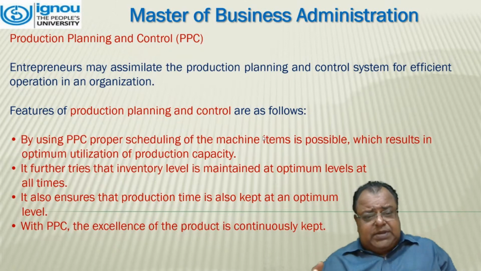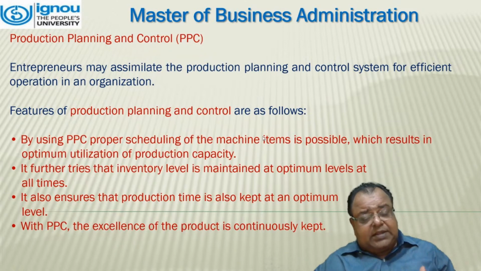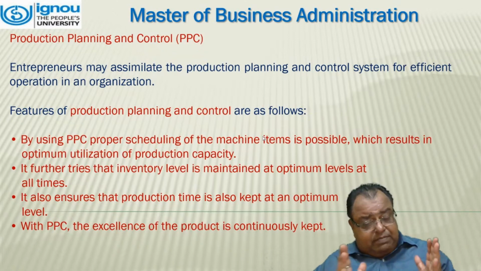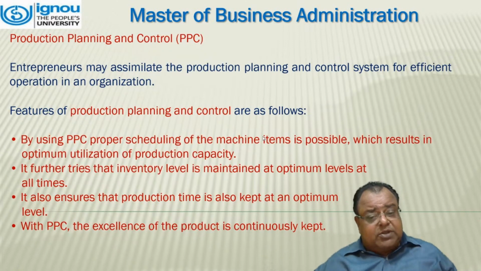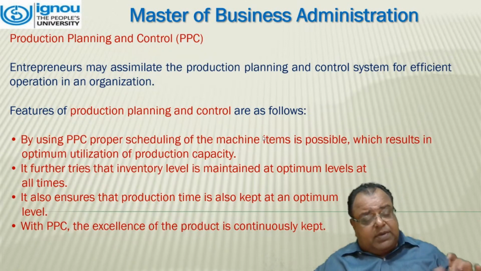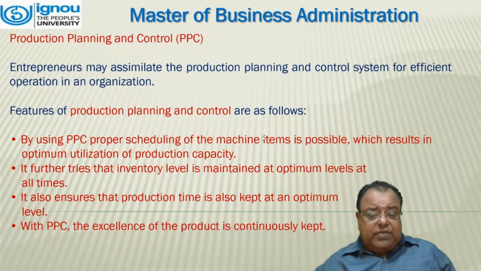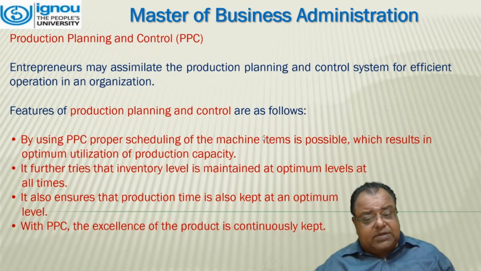By using PPC, proper scheduling of the machine items is possible, which results in optimum utilization of production capacity. It further ensures that inventory level is maintained at optimum levels at all times. It also ensures that production time is kept at an optimum level. And with PPC, the excellence of the product is continuously maintained.